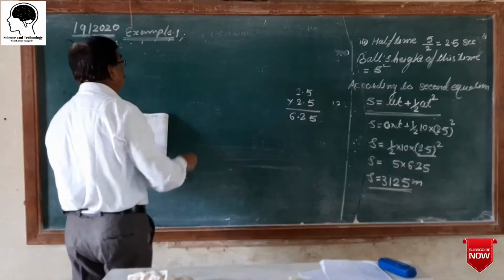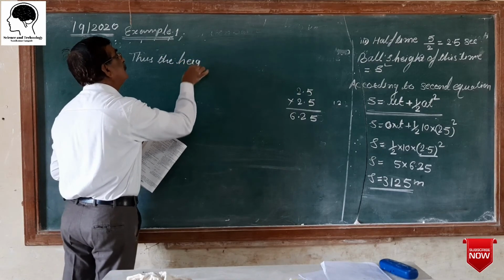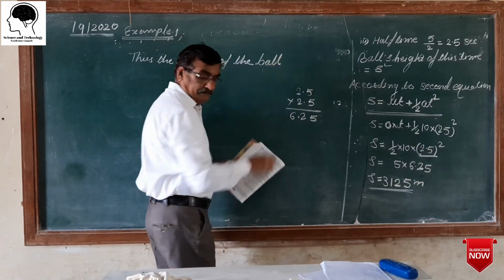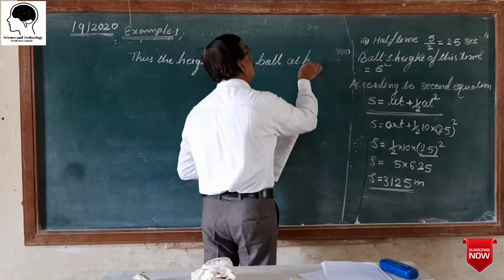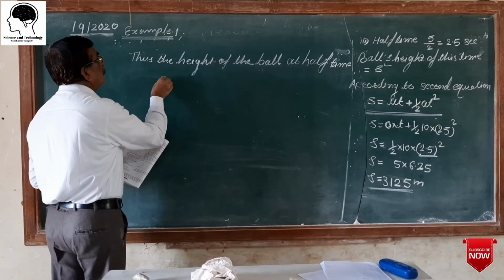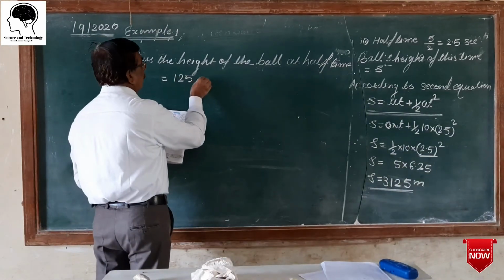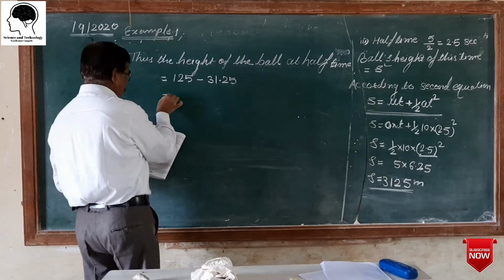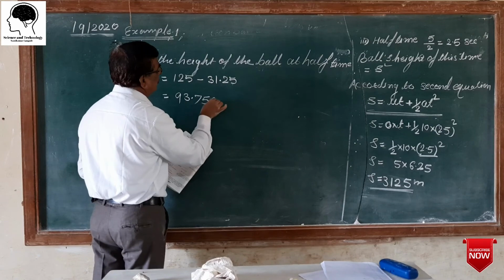Thus the height of the ball at half time is equal to 125, the total height, minus 31.25 meters, which is equal to 93.75 meter.